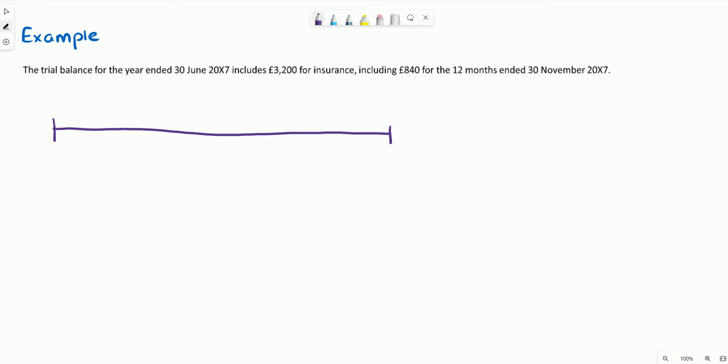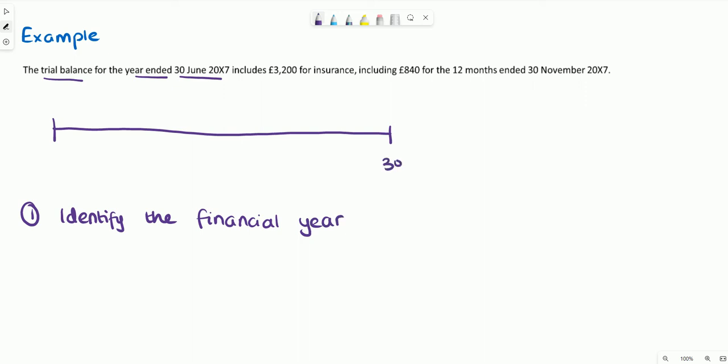So the trial balance for the year ended 30th of June 20x7. The first step is to identify the financial year or accounting period. Okay, so we've done that.